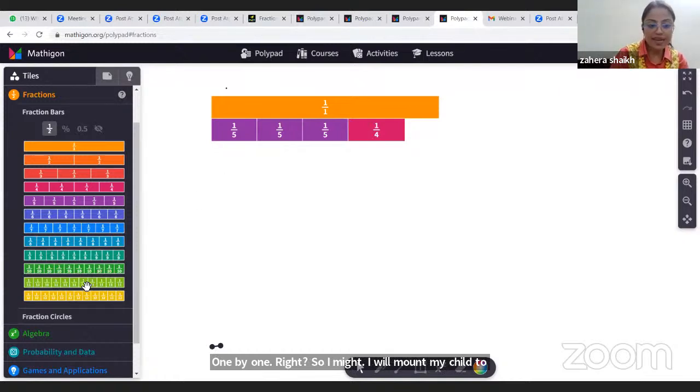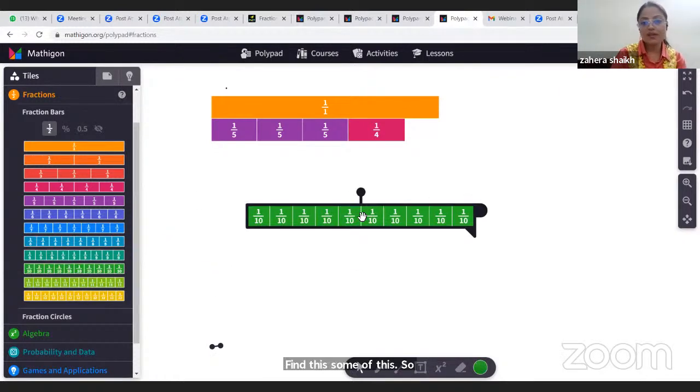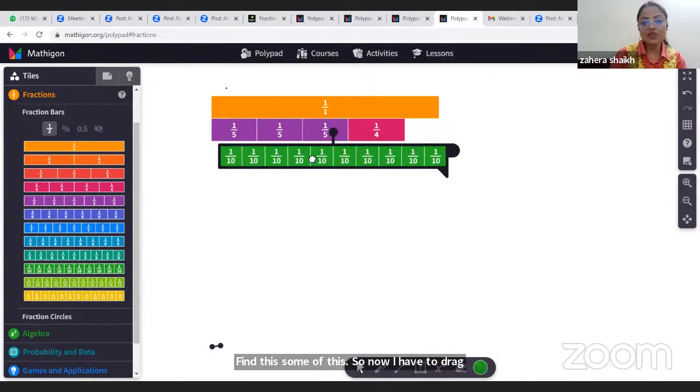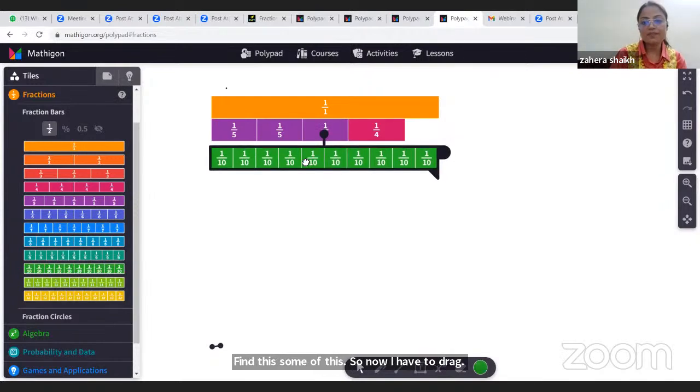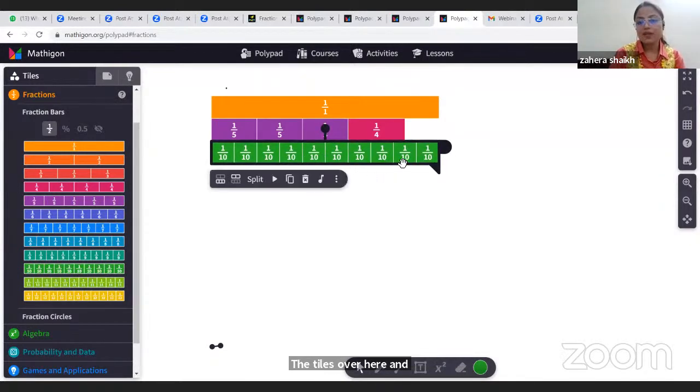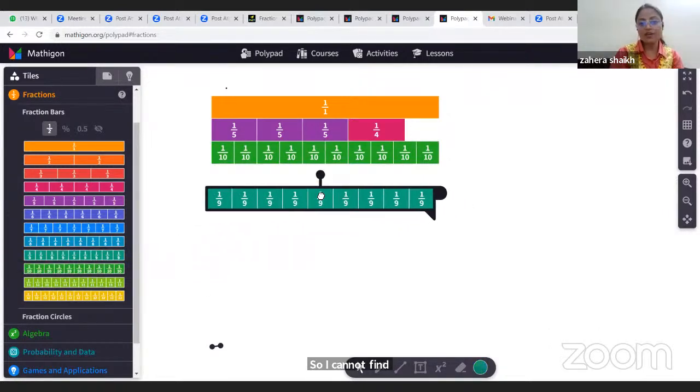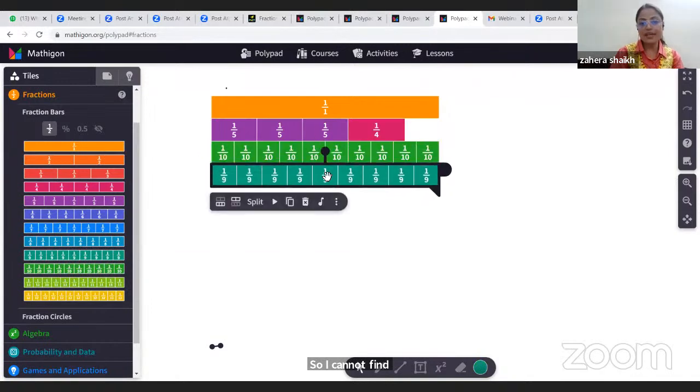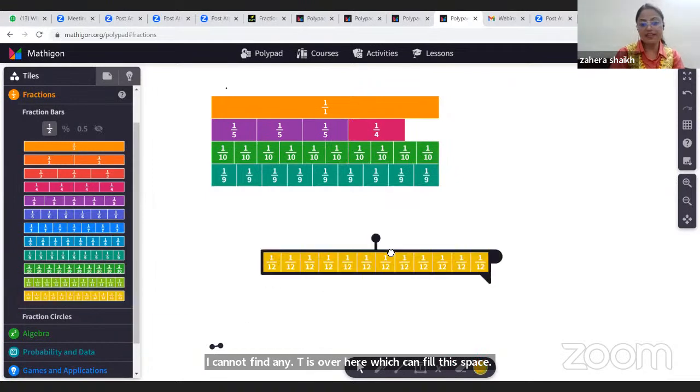So now I have to drag the tiles over here and check. I cannot find any tiles which can fill this whole space. See, I cannot find any.